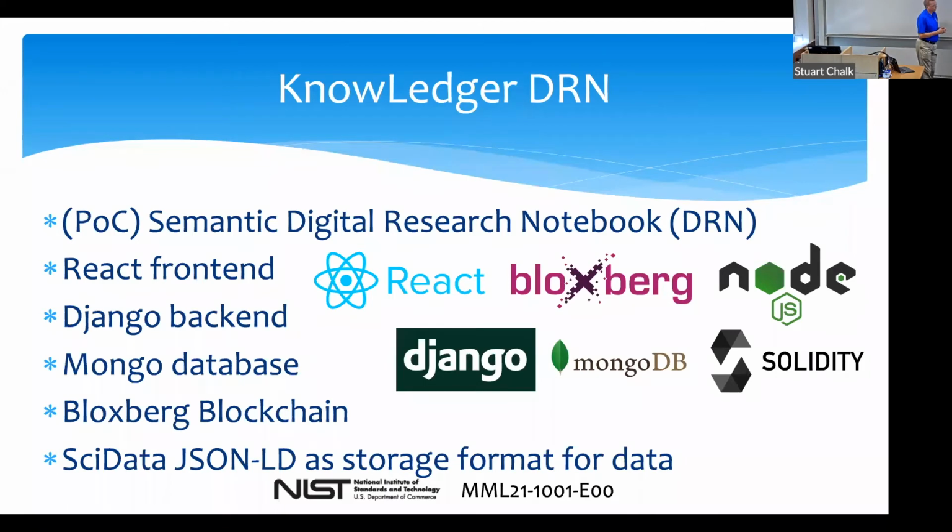Solidity is a piece of software that you can use within Python to be able to talk to the blockchain. And so what we have here is a research notebook where nominally the front end will allow you to put data in. It gets saved in JSON-LD documents, and then those JSON-LD documents get stored in the Mongo database.